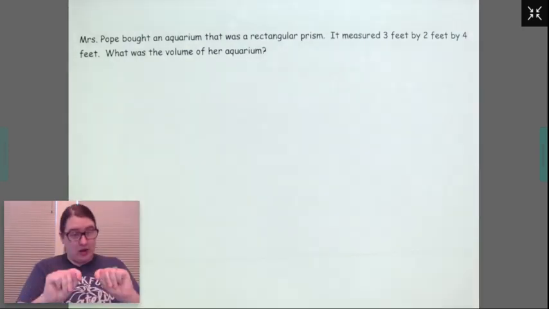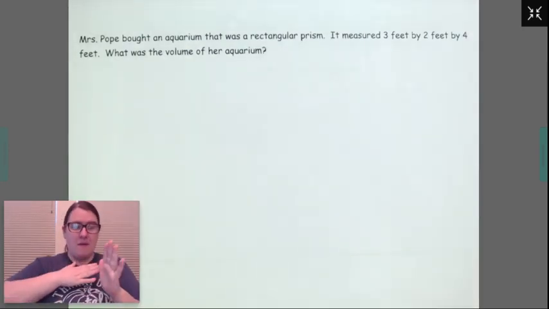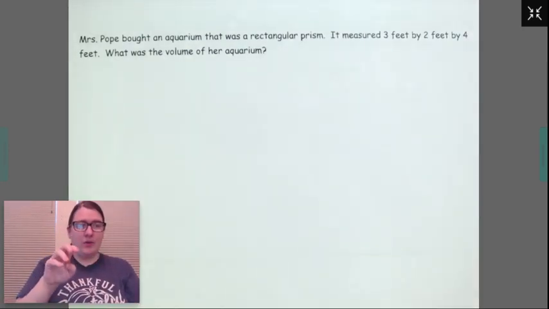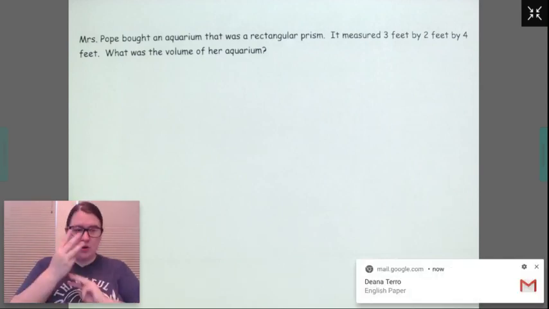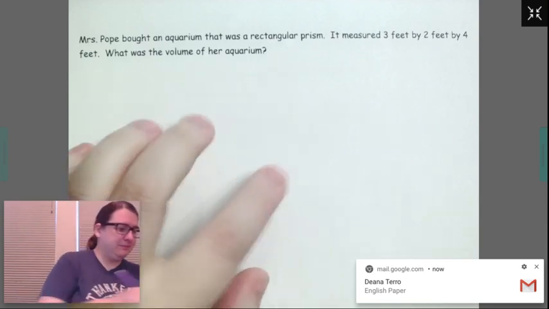Okay, I'm going to try to draw my rectangular prism. I'm not the best artist in the world, so just relax with me.